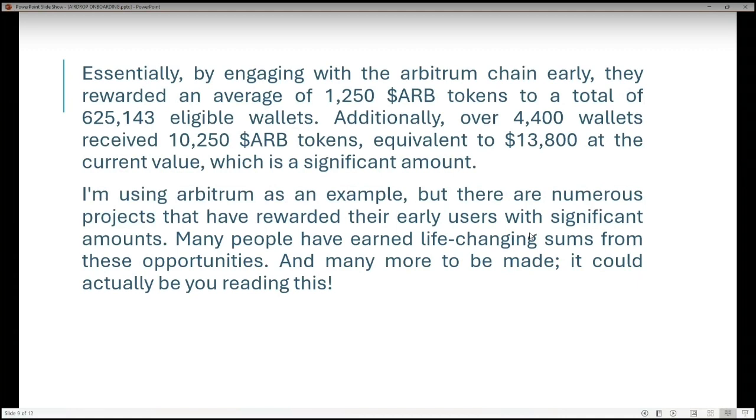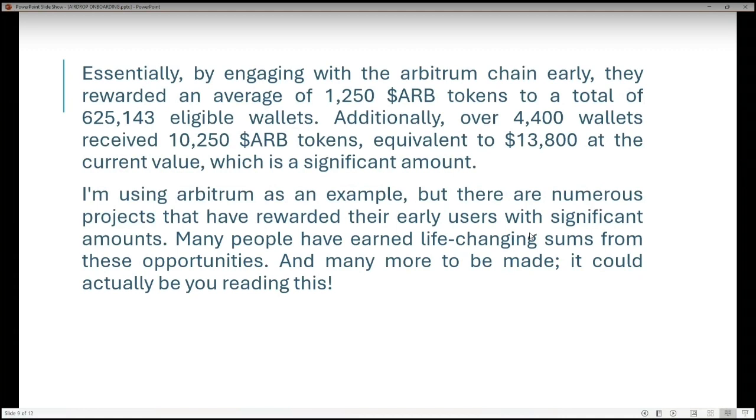It's big money. Imagine, do this in your local currency, $13,800. That's over millions of naira. Currently, it's over 13 million naira. For doing what? Absolutely just little tax.